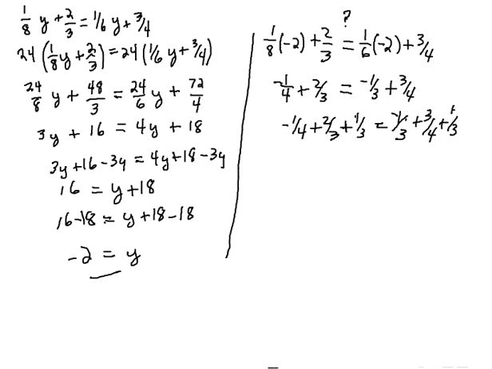And so on the left side, we have negative 1/4 plus 1 equals 3/4. And adding 1/4 to both sides, I hope we can see we will get 1 equals 1. I could add 1/4 to the left side and the 1/4 is gone. Add 1/4 to 3/4, I get 1. So yes, we did in fact, over here on the left side, find that y equals negative 2 makes the equation a true statement, and so that is the solution.